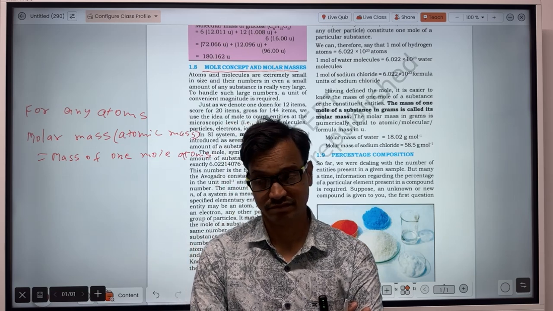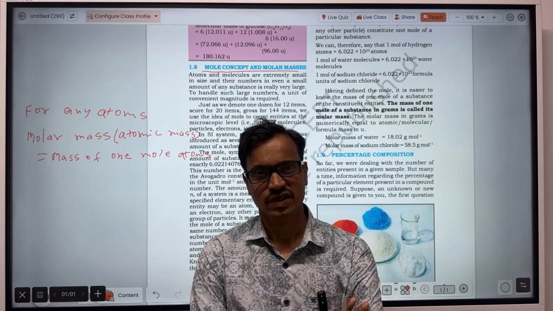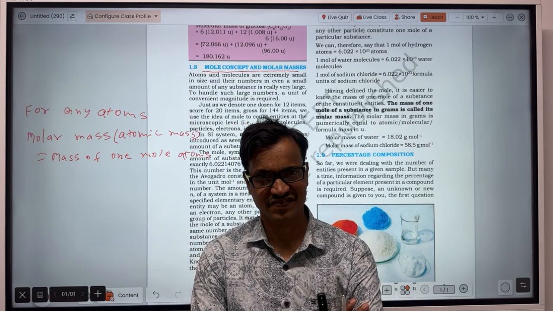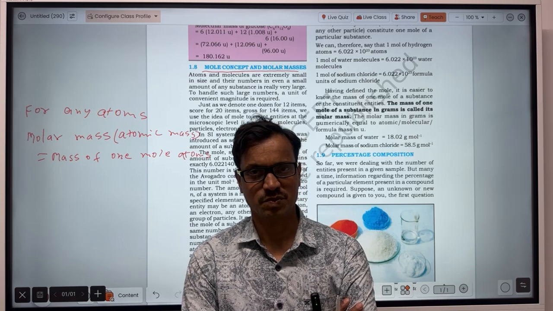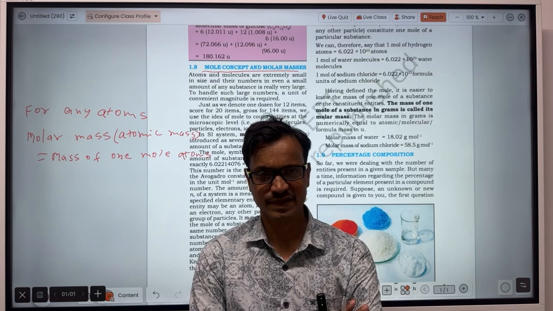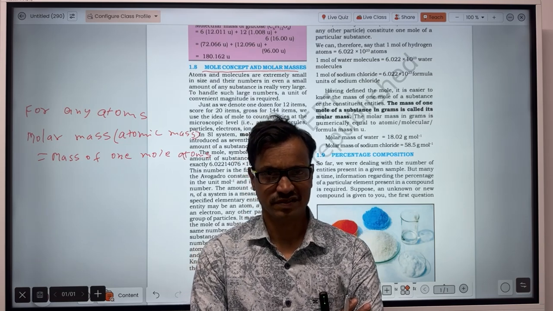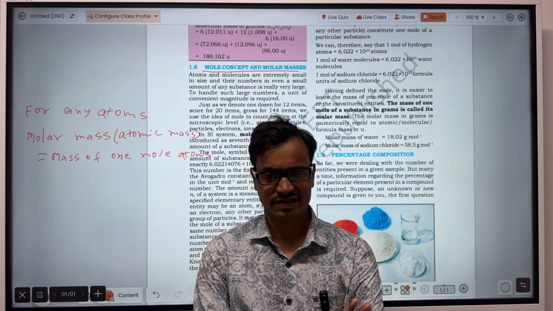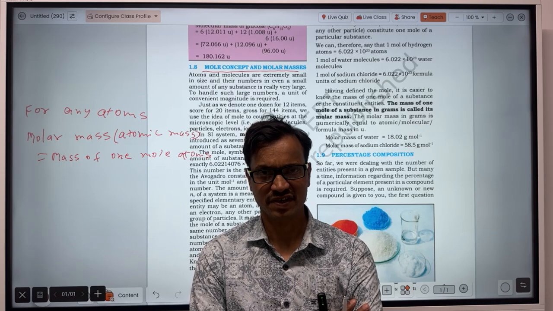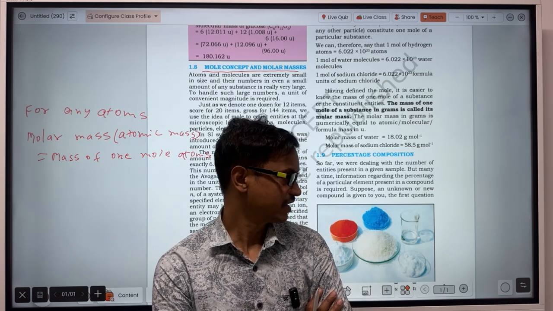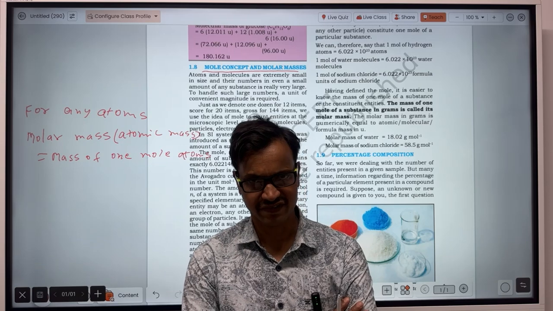In some shops, he will tell you rupees 50 or 45 per kg. So the selling of bananas is in terms of two quantities: one is mass, and another is number. 1 dozen means 12.